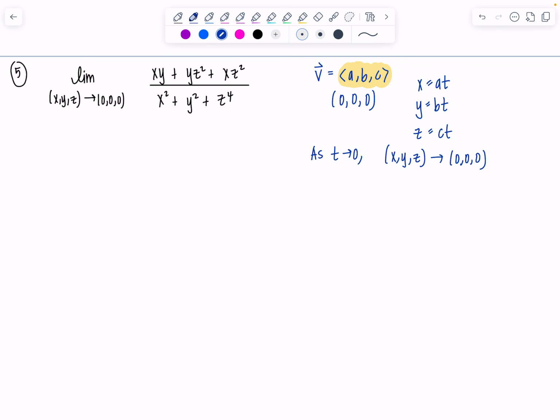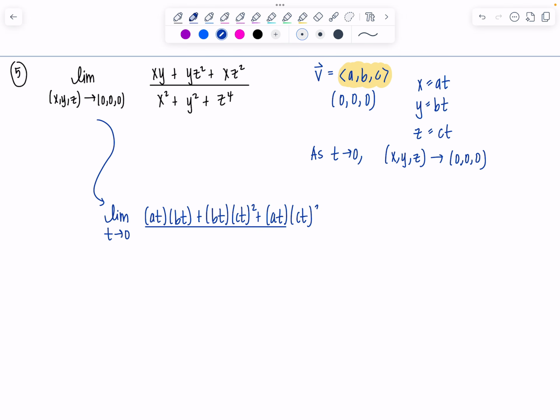So let me make this substitution. Let's test along a general linear path in 3 space and see what emerges. So we're going to rewrite this now as the limit as t approaches 0. x times y would be at times bt, plus yz squared, bt times ct squared, plus xz squared, at times ct squared, over x squared plus y squared plus z to the 4th.